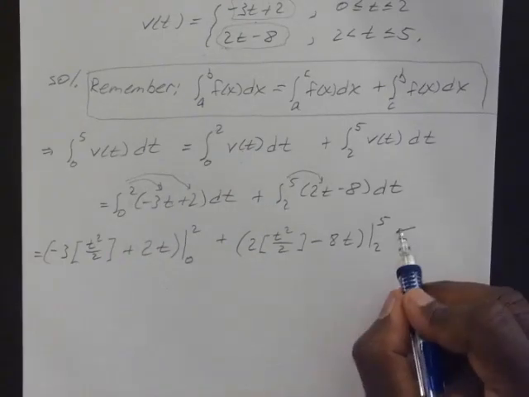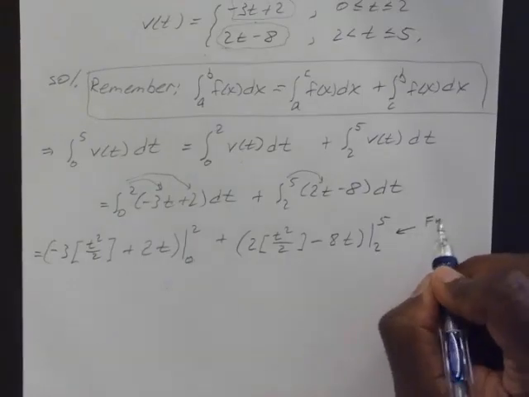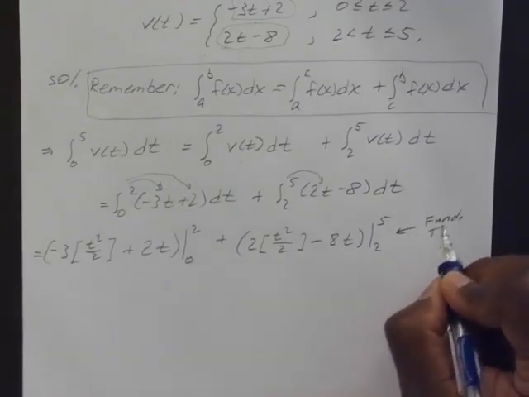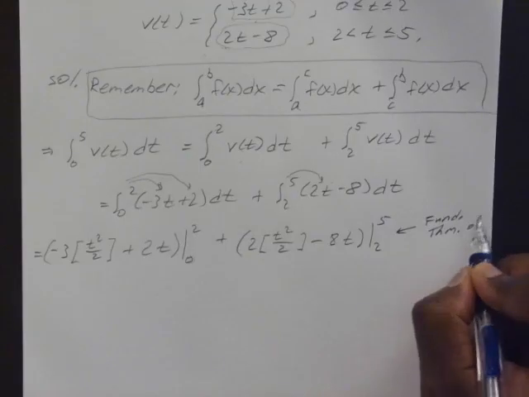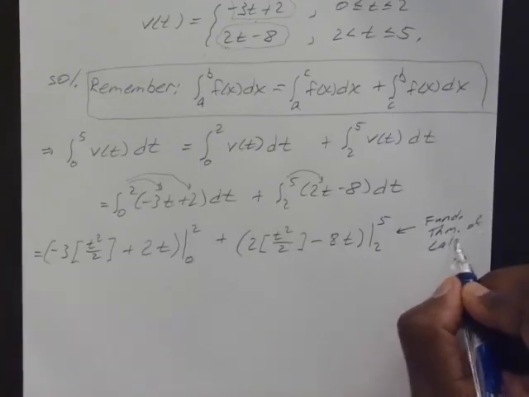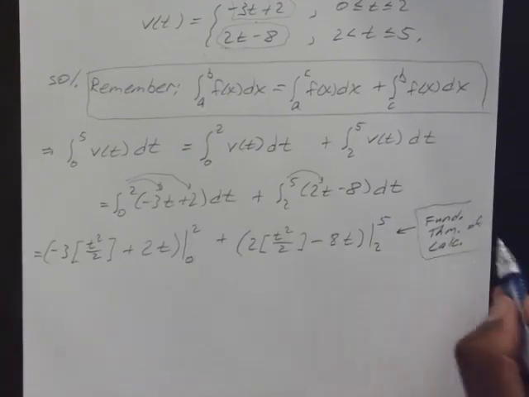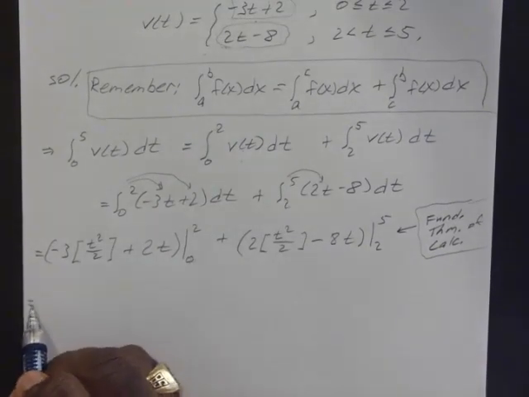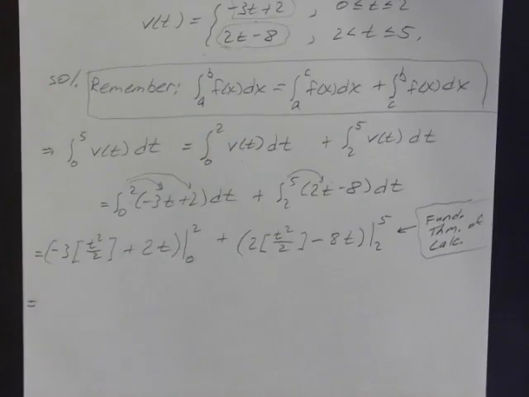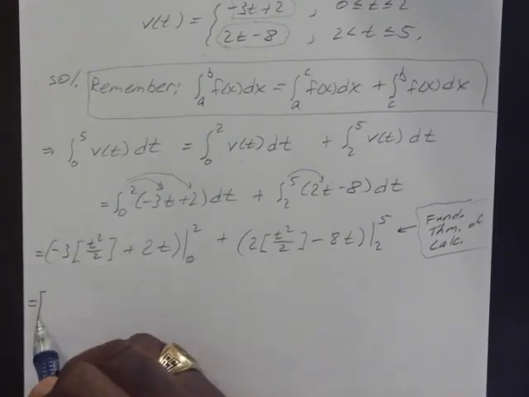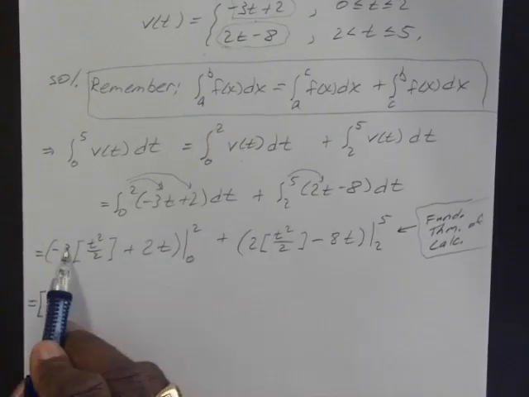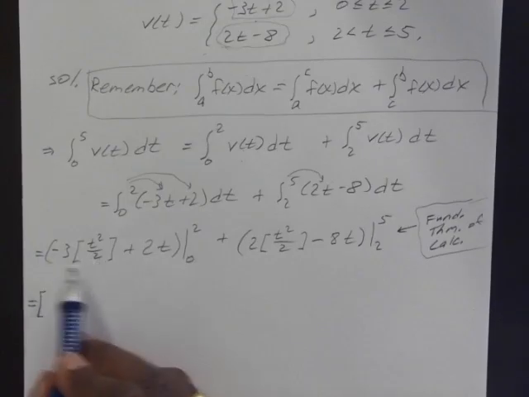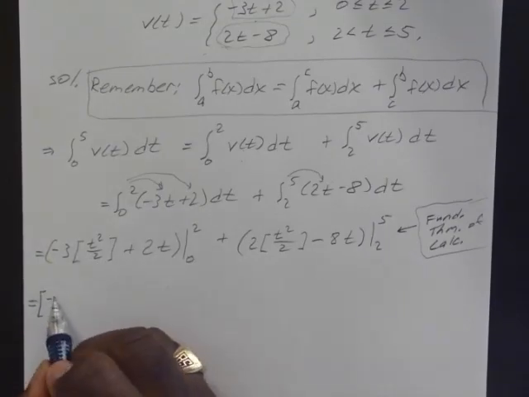Okay. So here we can apply the fundamental theorem to both terms. That gives us -3 times 1/2. We can just combine those and make it -3 over 2.